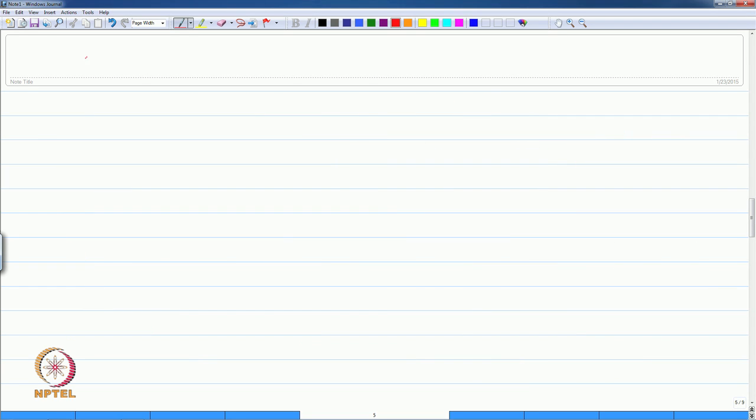So, when we look at the language, we define this as a pair where we choose a set of connectives. As I said, you can choose a subset of the connectives and a set of formulas.